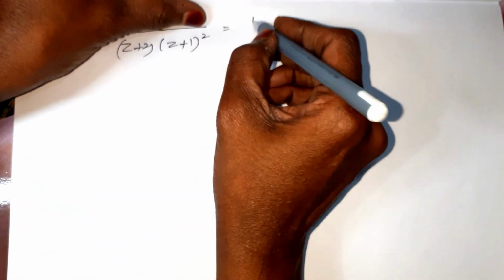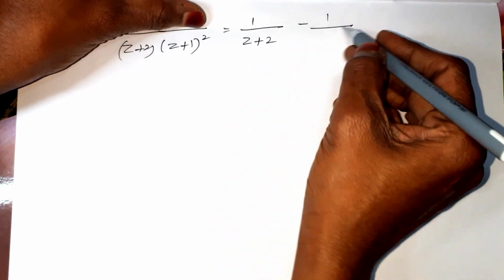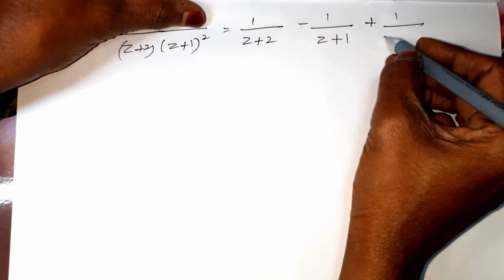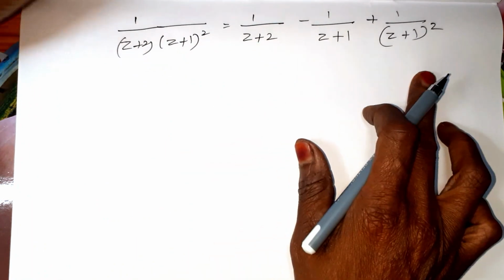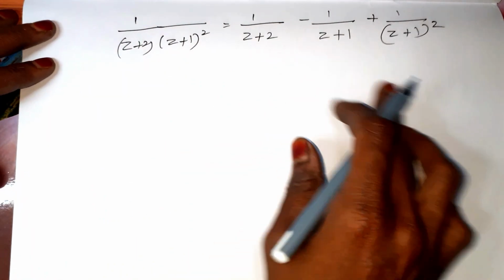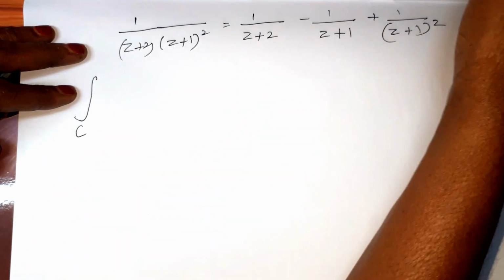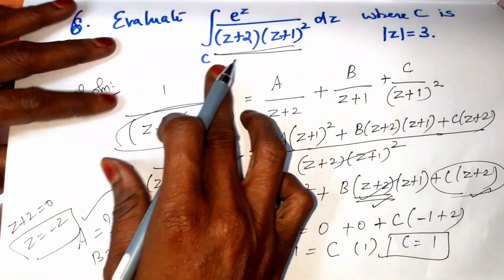So 1 by z plus 2, B is minus 1, so minus 1 by z plus 1 and C is 1 by z plus 1 the whole square. We have split it, right? Now come to the problem given. What is the problem given? Integral over C e power z by this term into dz.